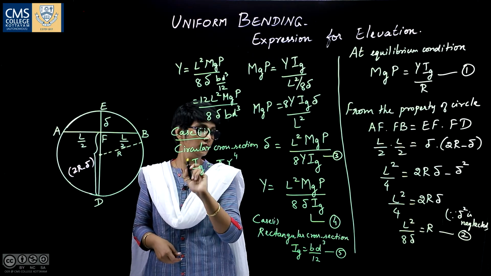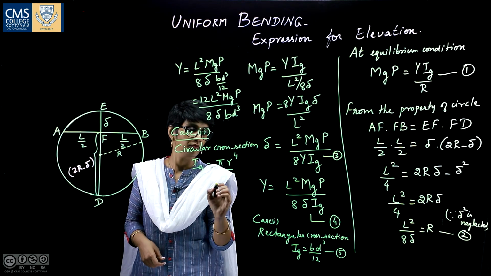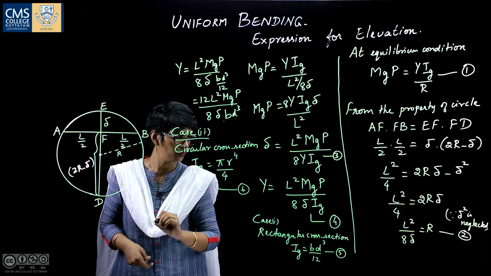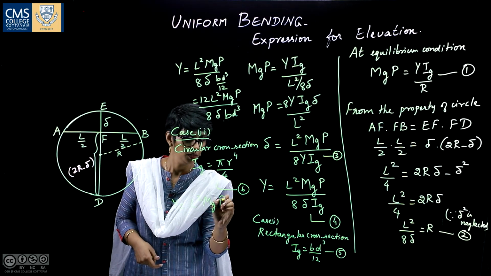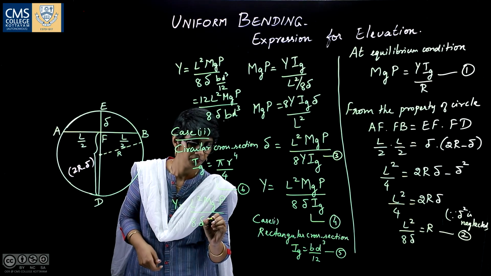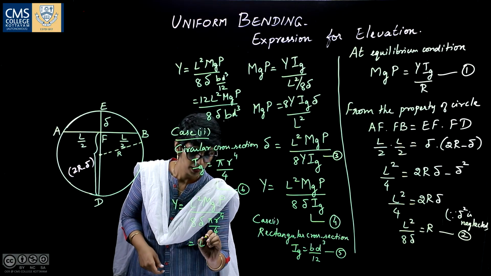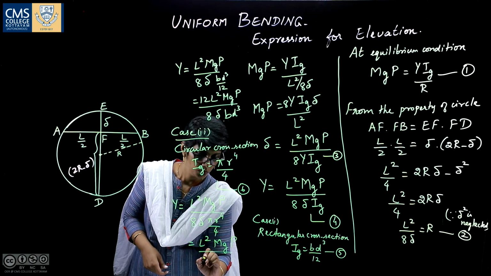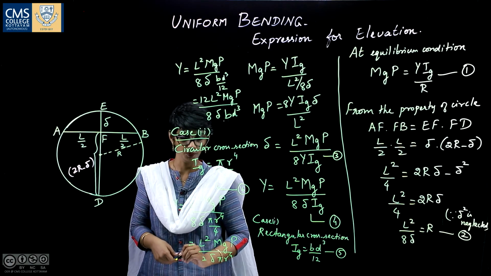So substituting this in equation 4, we get Y equal to L square mgp by 8 delta pi r power 4 by 4, which is equal to L square mgp by 2 delta pi r power 4.